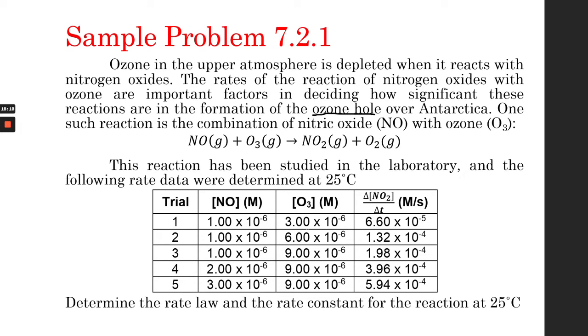So after doing all these trial runs, what we're going to do now is use these trial runs as our given to identify the rate law and the rate constant. Again, what do we want by rate law? We want to create a mathematical expression that creates the relationship between the rate and the concentrations of the reactants. And then we also want to identify the rate constant.